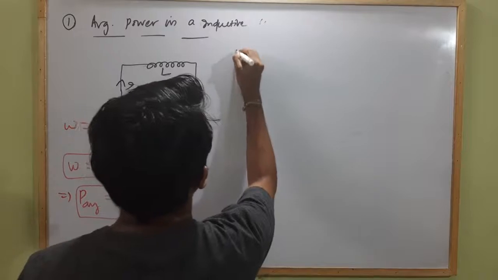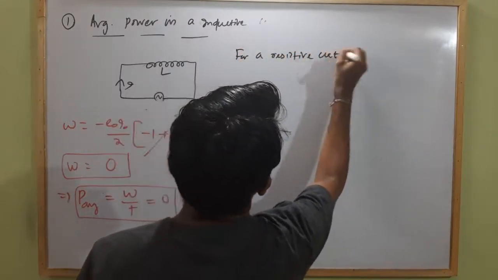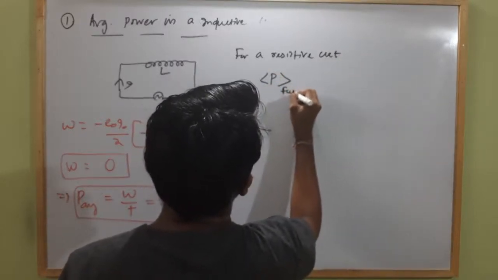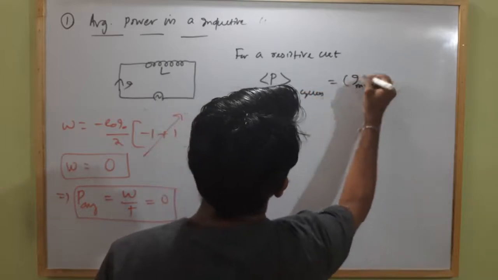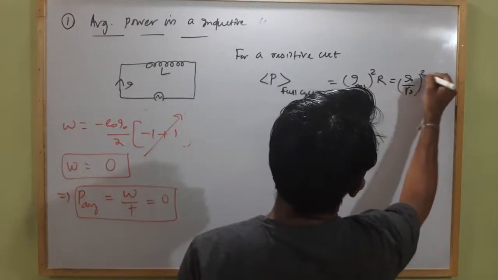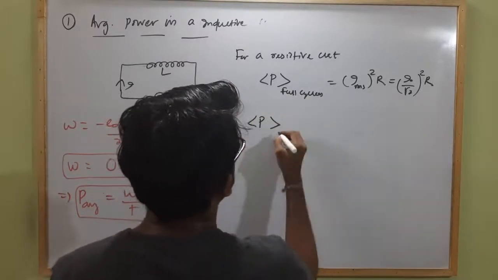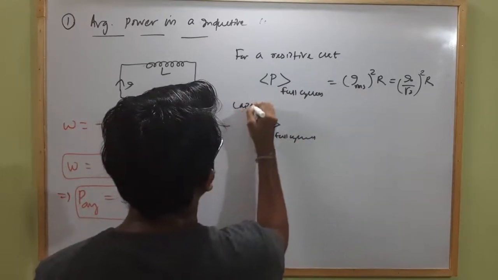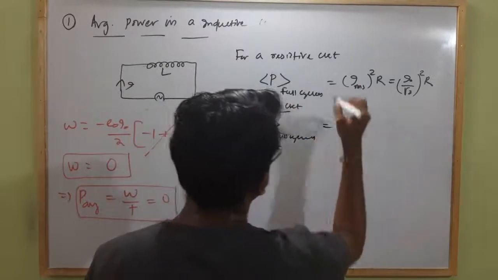So we can write here that for a resistive circuit, P average over full cycle equal to I RMS square into R, or this can be written as I naught by root 2 whole square into R. P average for full cycle, this is for a capacitive circuit, equal to 0.